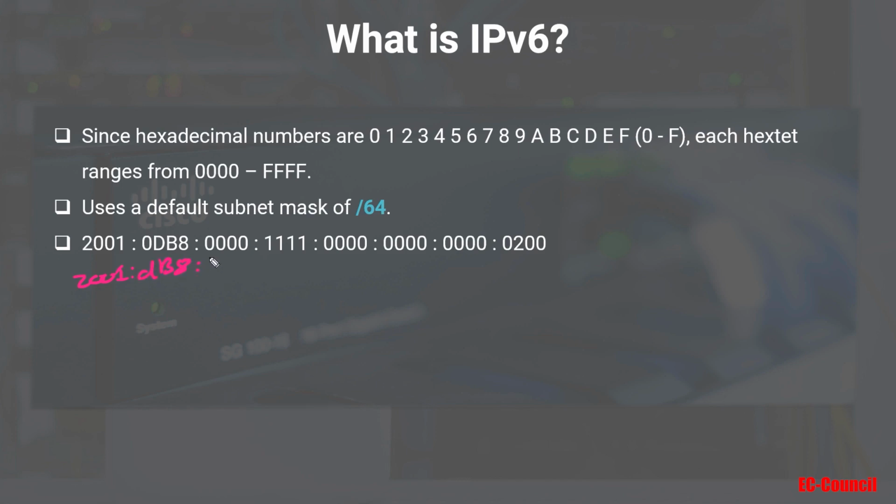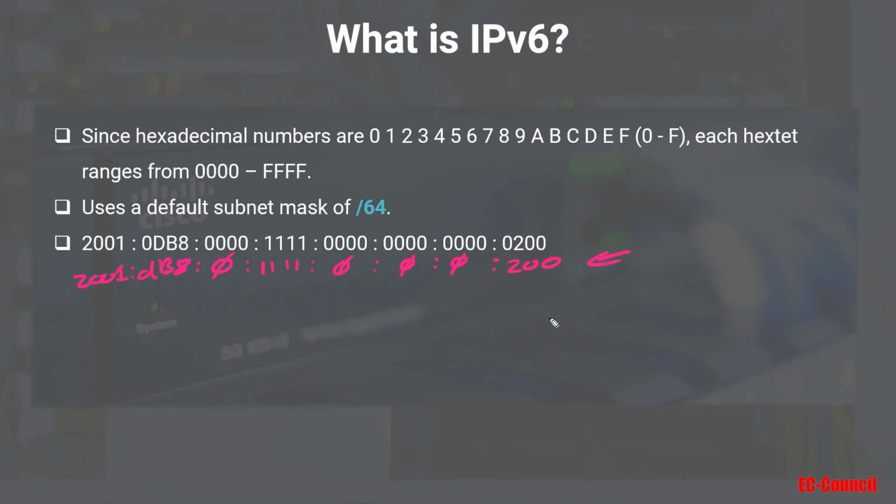Since this hextet is filled with zeros, we can insert a single 0 to represent this one hextet. The same can be done for these other hextets as well. And as you recall, this 0 here has no value, so we can exclude it. So now we have a shorter version of the address above.